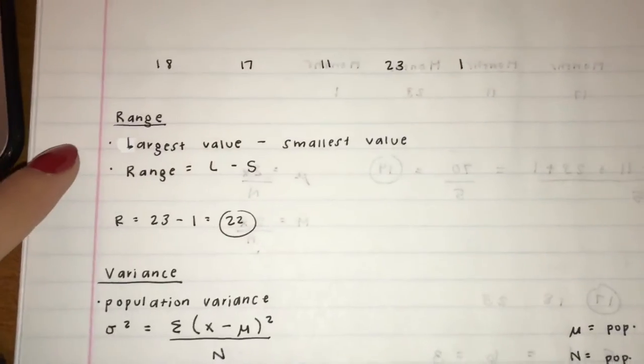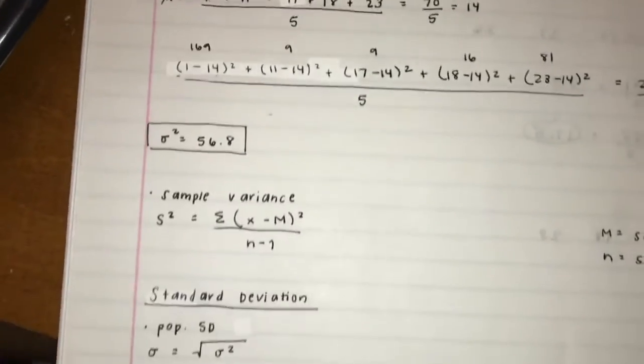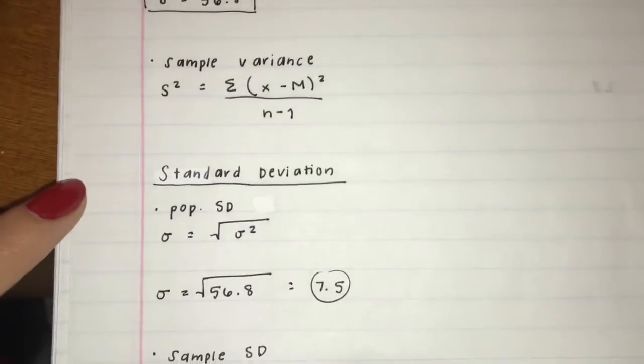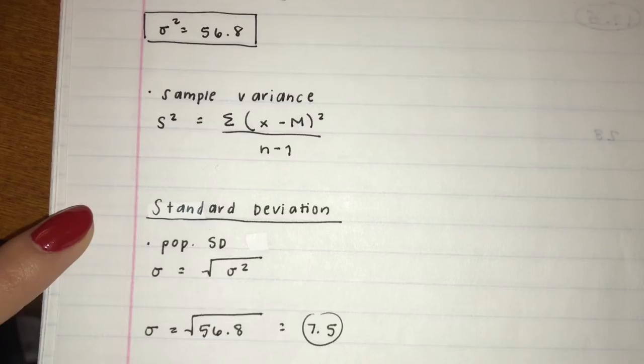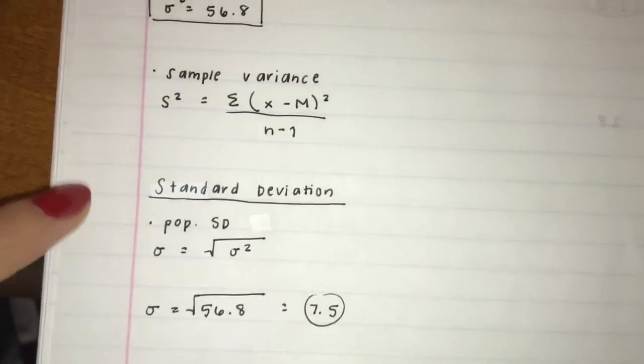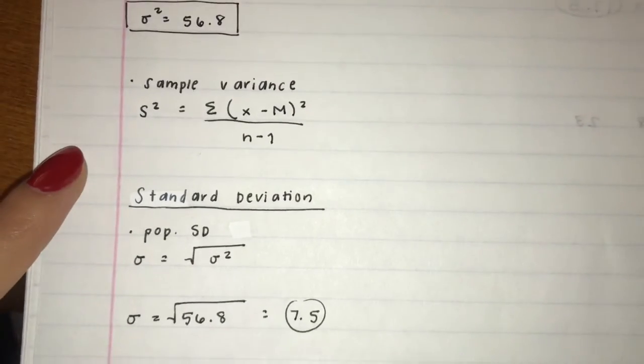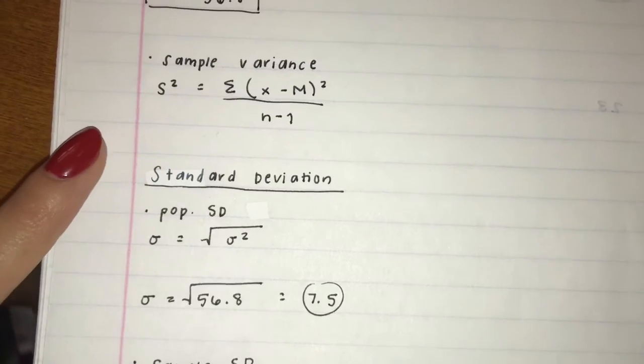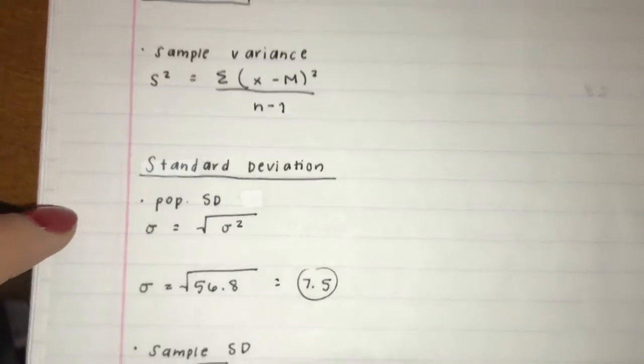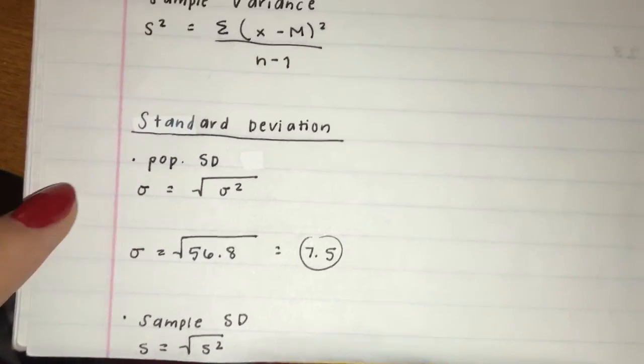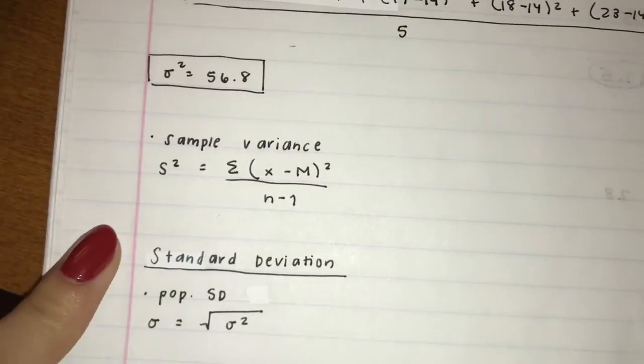So after looking at each of the three measures of dispersion, I'm going to say that standard deviation is going to be the most useful. It gives us more clarity because it looks at how spread out our group of numbers is from the mean by taking the square root of the variance.